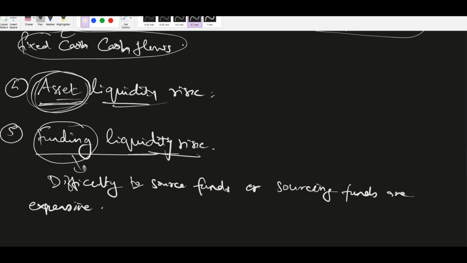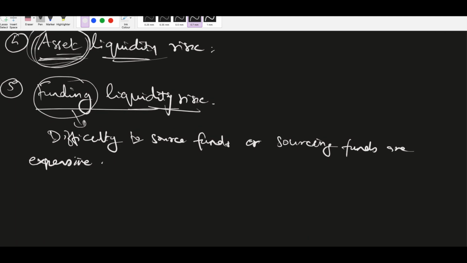So two things here: if you are finding it difficult to source funds itself, or you are getting funds but expensively, then it is called funding liquidity risk.